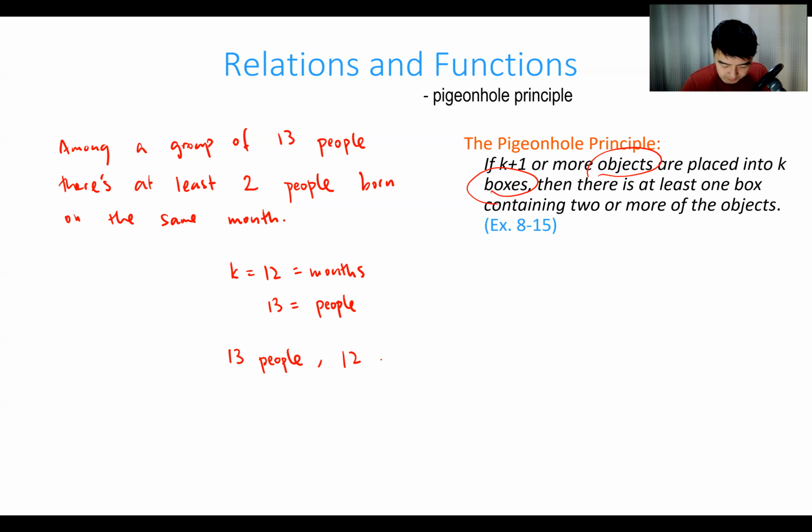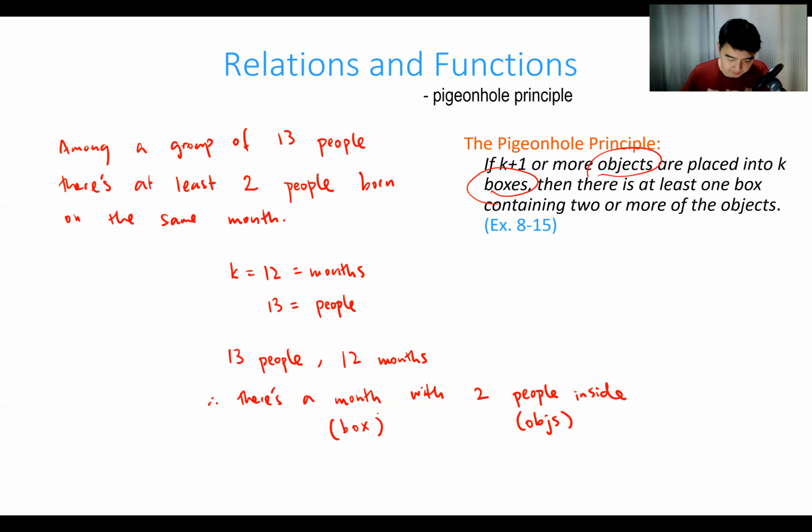to say that there are 13 people and there are 12 months, and therefore there's a month, there's a box with 2 people inside, 2 objects inside.